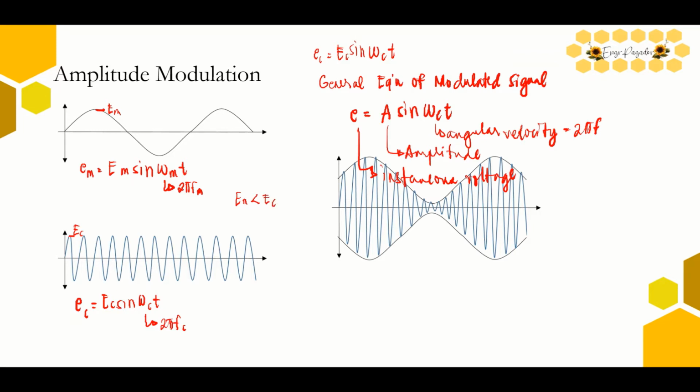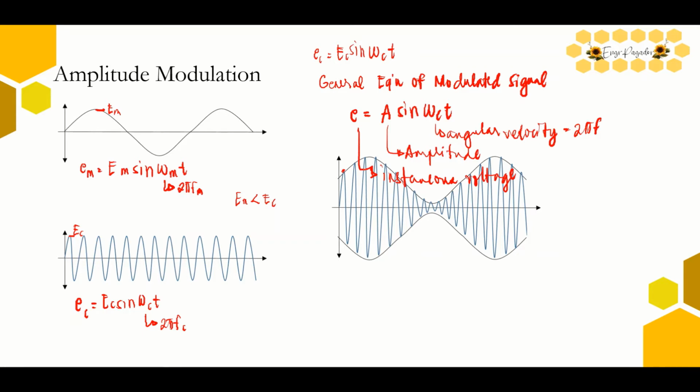Keep in mind that the peak value of the carrier is the reference point for the modulating signal, which is E_C. So the modulating signal value adds to or subtracts from the peak value of the carrier.